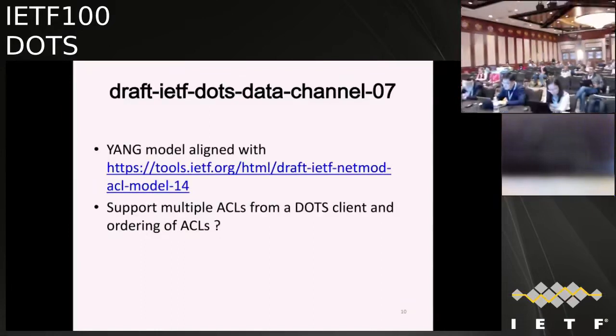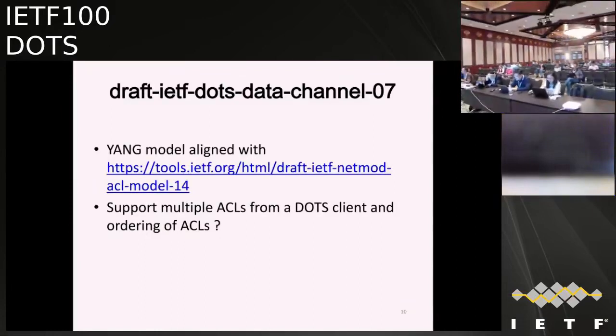Okay. So just to answer the last question about the recommended value. This is just a recommended value, so implementers can use other values if appropriate, and the operators who are using the DOTS servers, and also operating or managing those DOTS clients, can set it to a distinct value.